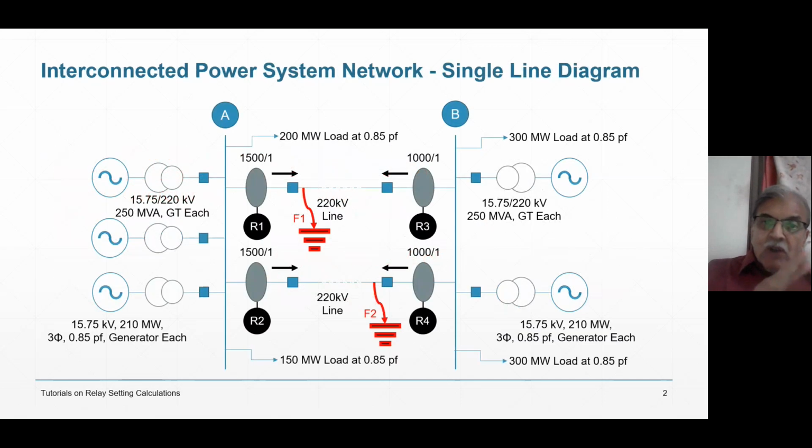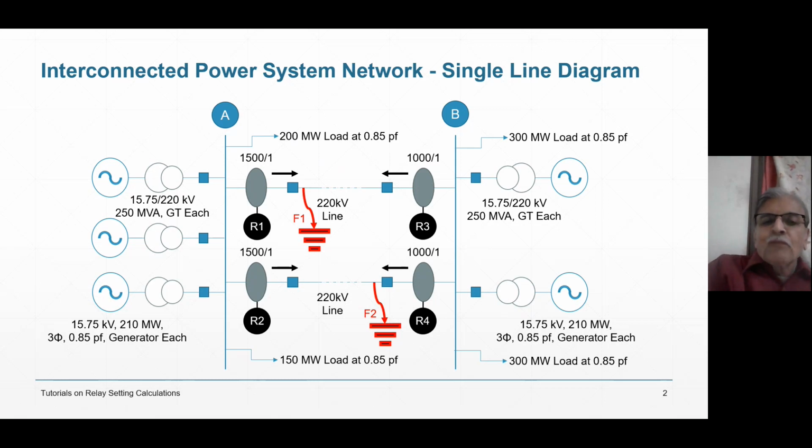Try to understand. When a fault occurs at F1, maximum current will flow through relay R1. In CT1, 1500/1, maximum current will flow, because current will come from the left hand side generators and also from the right hand side generators.